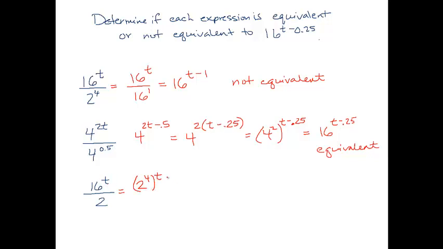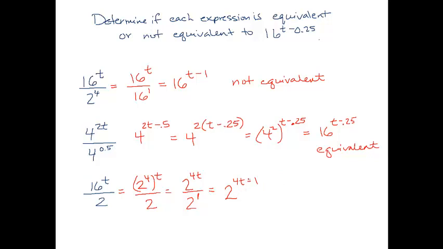Don't forget that 16 already had a t on it, so this has a t on it as the exponent. Now we have a common base. I'm going to multiply these together. We get a 2 to the 4t divided by 2. And now because they have a common base, I care about that being a 1, we're going to do some subtraction. So we get 2 to the 4t minus 1.